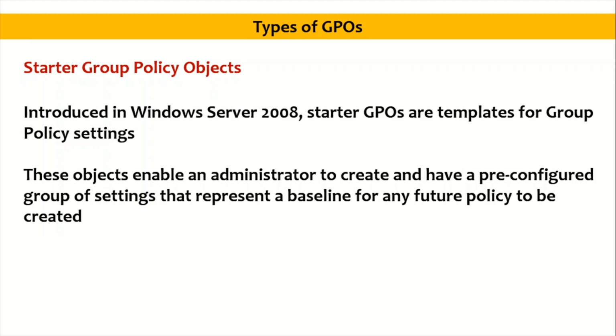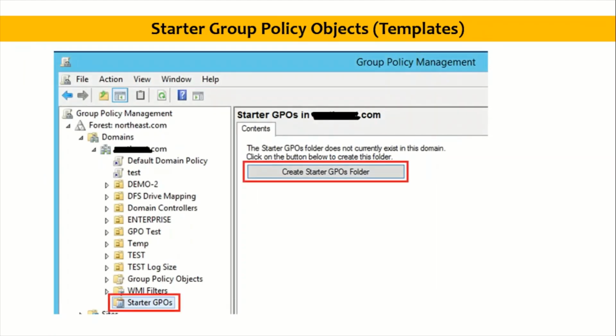So we'll create some basic templates, some baselines, and we can use those templates to create original policies. We need to create these templates. By logging on to Group Policy Management Console and going down to Starter GPOs, we can create our own templates.